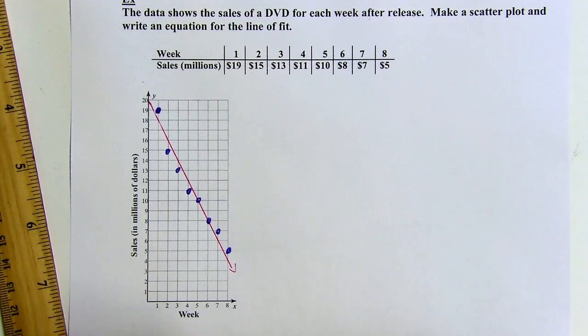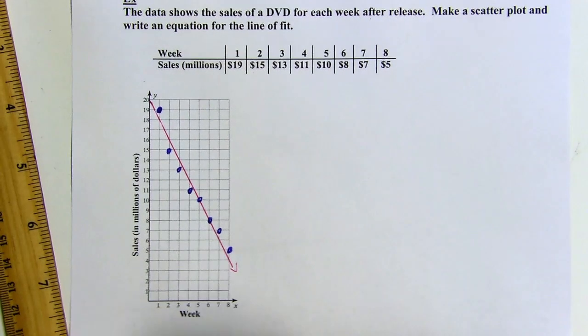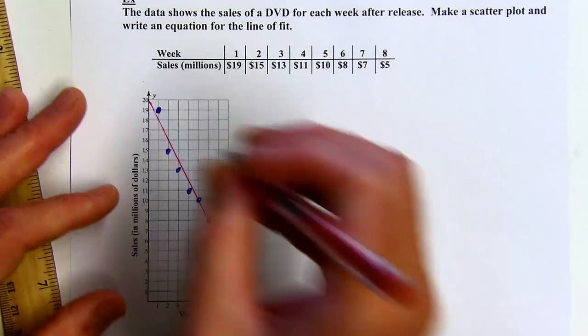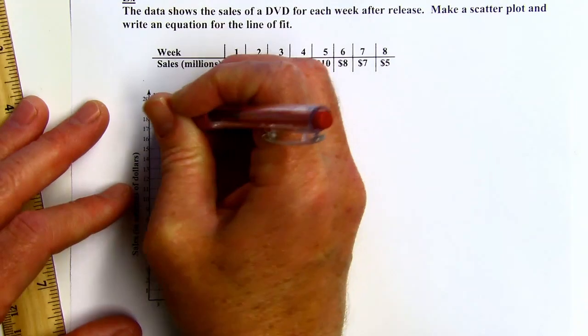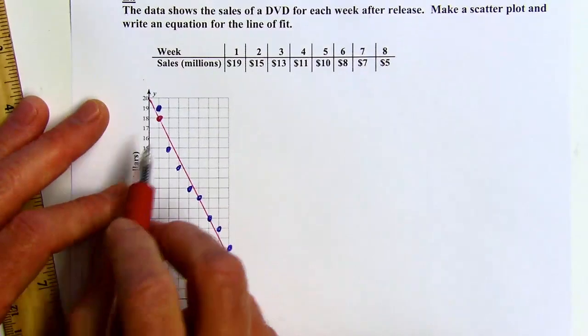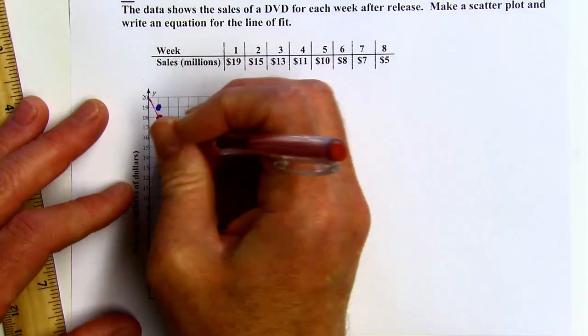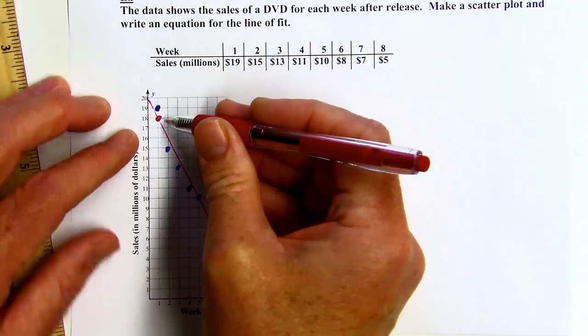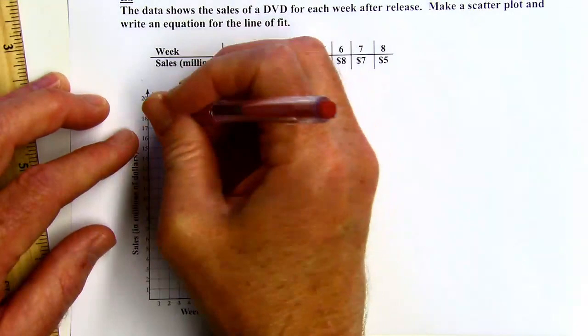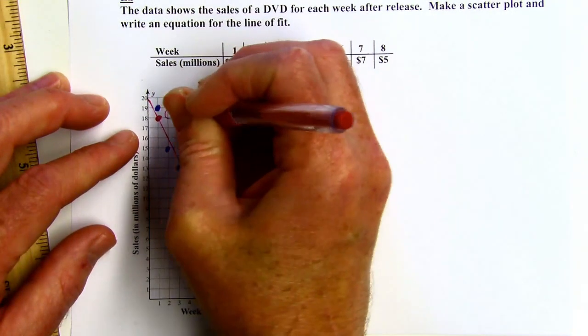And so now writing the equation, what I want to do is pick 2 points that appear to be on that red line that I just drew. And it's helpful, if you can, to choose 2 points that look like they're on the grid or very close to the grid. So there I'm seeing, okay, that looks like the point 1, 18 that I just plotted on the graph.